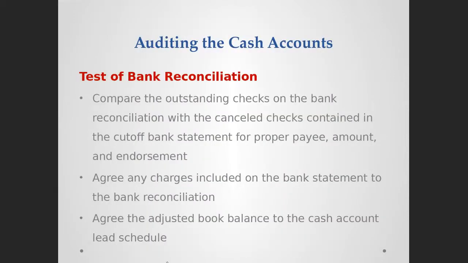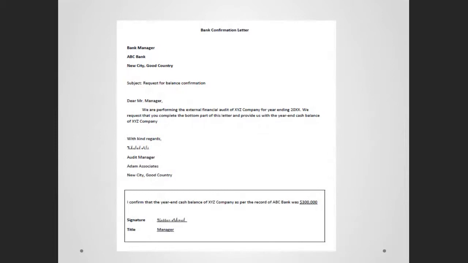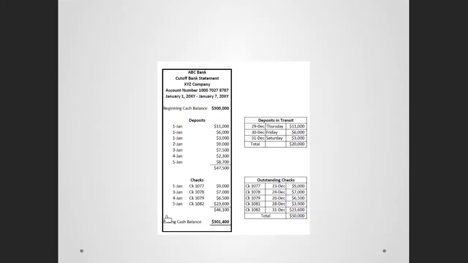What is the confusion, Sharat? Check number 1077 was written by your client for $9,000. It went to the supplier. The supplier took that check and deposited it into the bank. The bank gave the supplier 9,000, and this used check is now returned to your client with the bank statement.